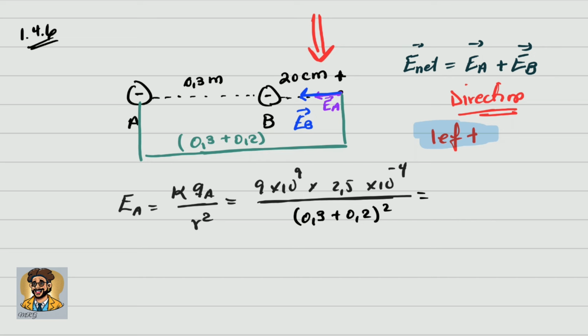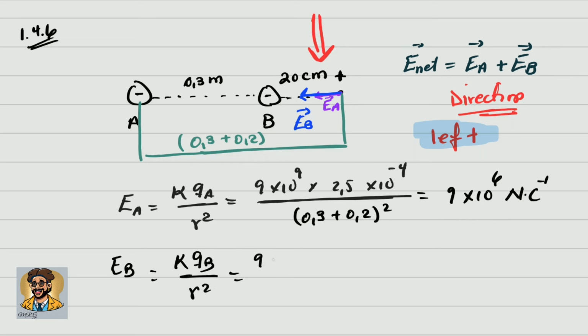So you will get that the answer here is 9 times 10 to the power 6 Newton per coulomb. That is the unit for electric field at a point. So now we're going to do the same for the electric field at point B, due to charge B, which is equal to the constant multiplied by charge B divided by the distance squared.